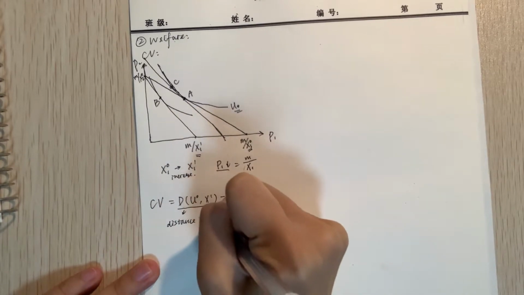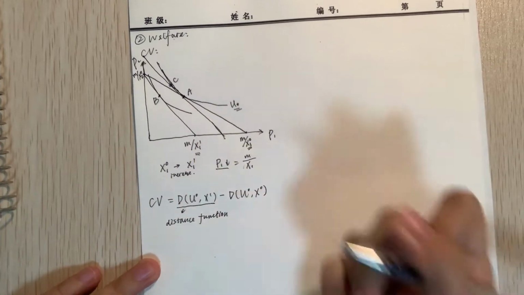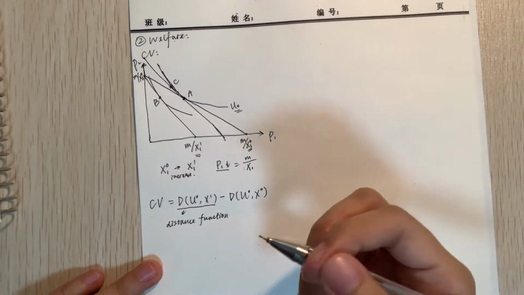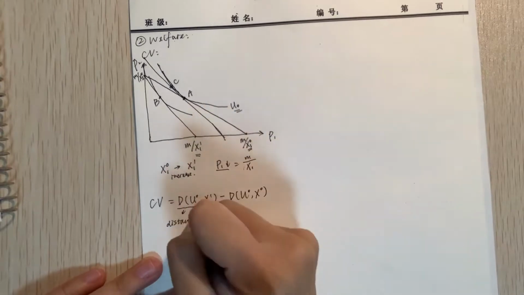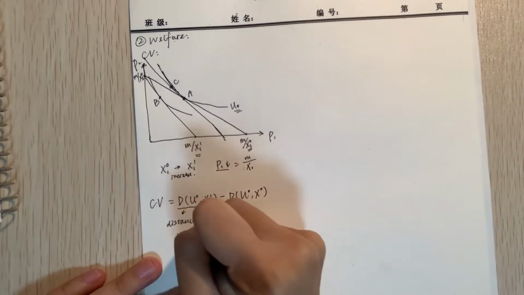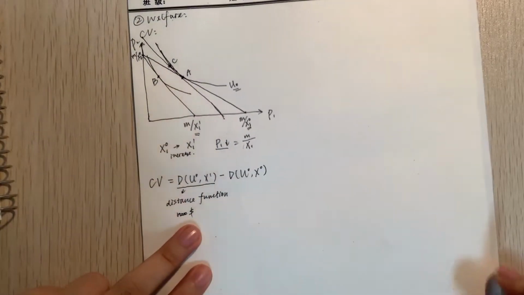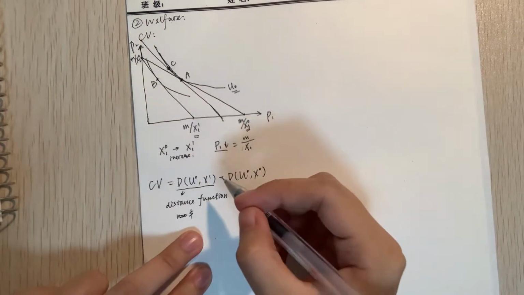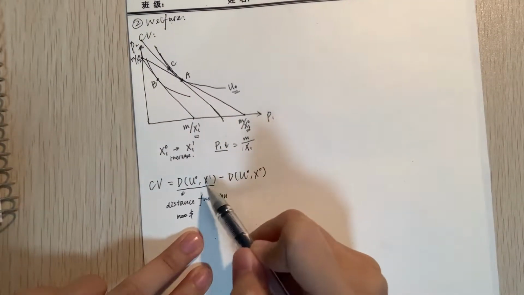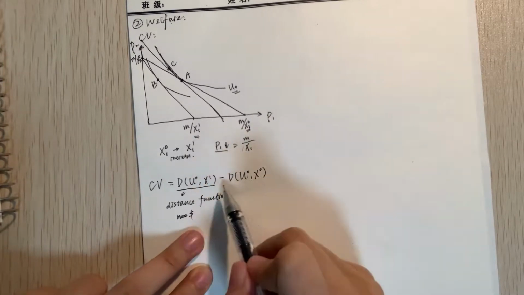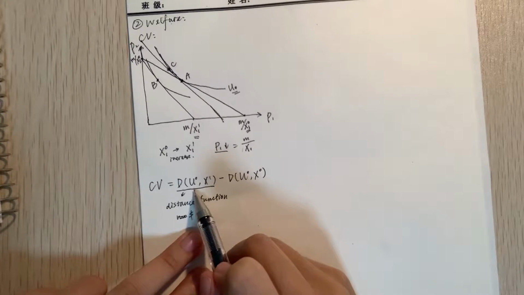It's actually just a form of utility function, but it uses a money metric to measure it. So I'm going to put a money symbol here. Just to remind you, it means, given the quantity and the utility, how much you need to pay to reach such a quantity and such a utility.